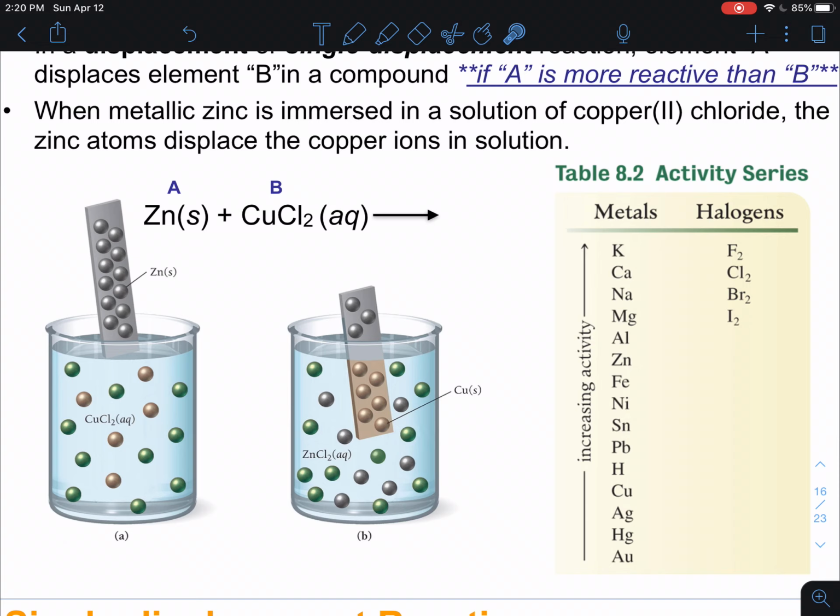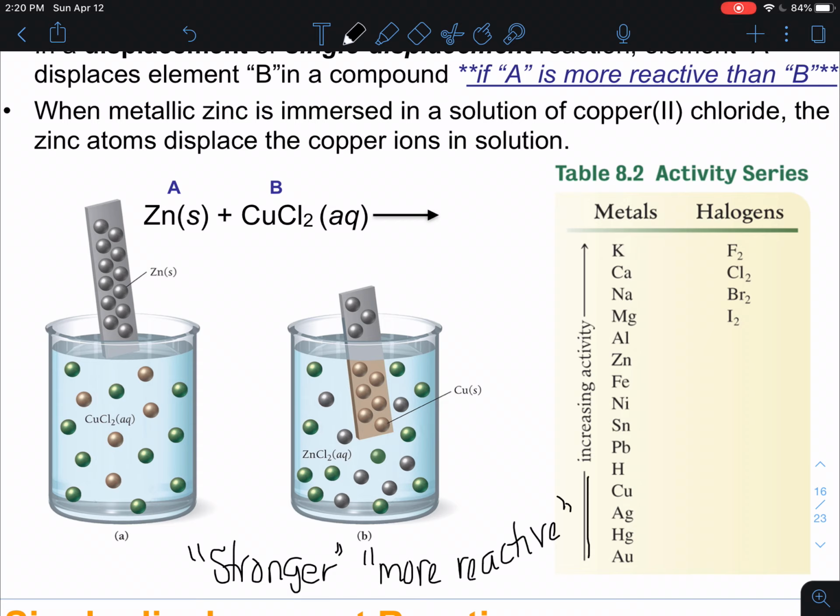You just basically have to locate both metals in the series, and if one metal, zinc, the metal that's by itself, is stronger or more reactive, it will displace copper.